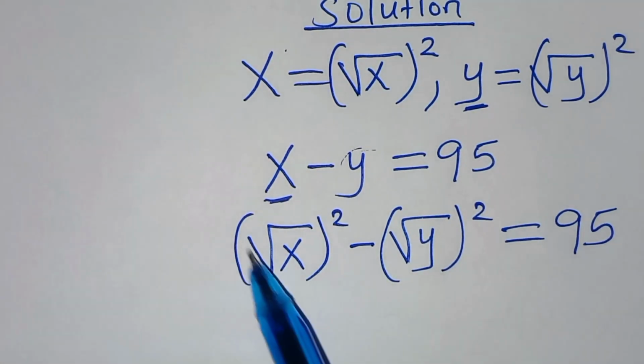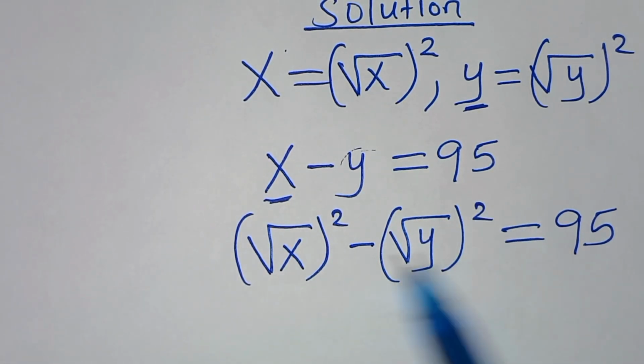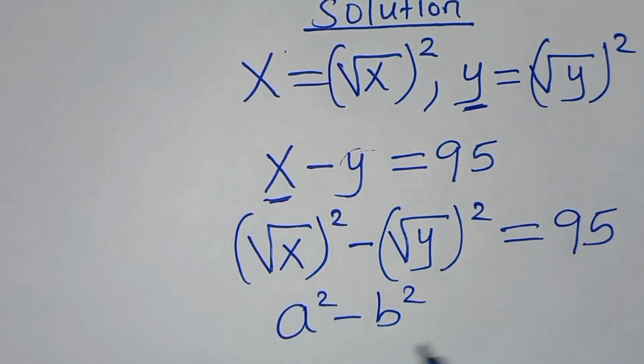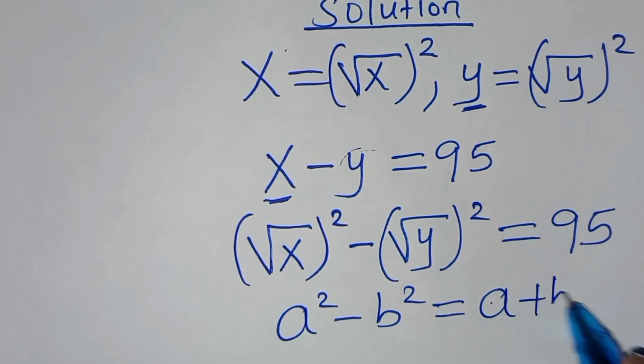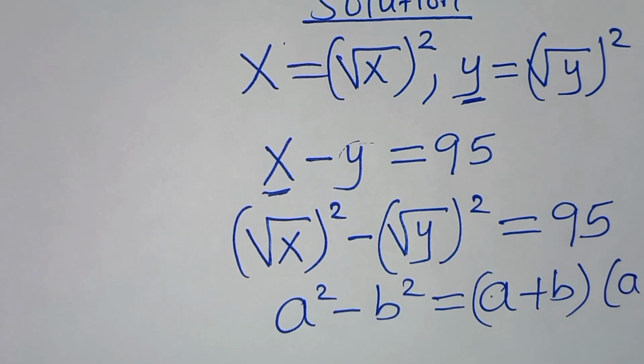Now, square root of x squared minus square root of y squared is in the form of a squared minus b squared, the difference of two perfect squares, which you can express as a plus b times a minus b.